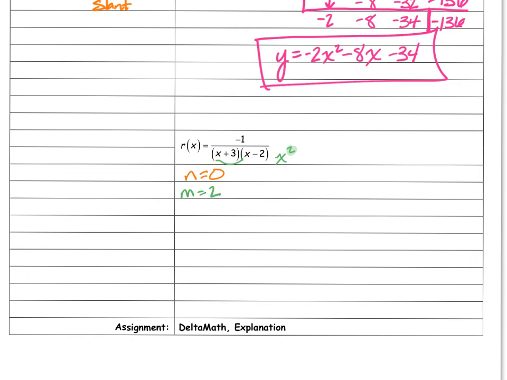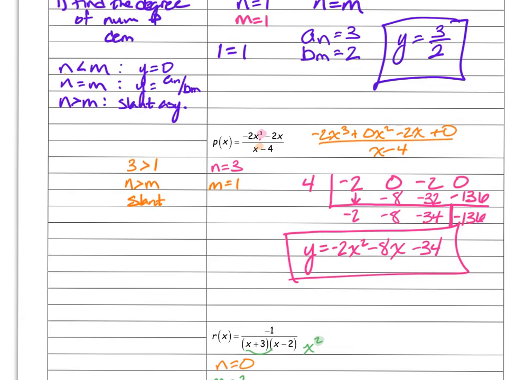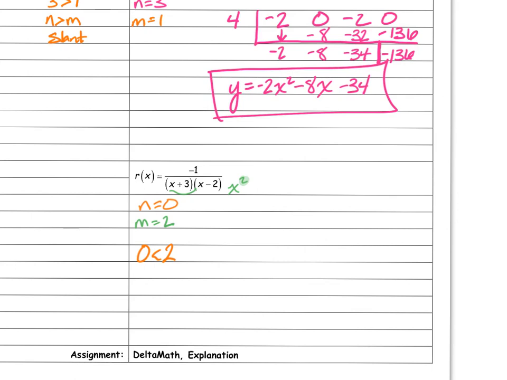That means that 0 is less than 2, right? So let's go up to my rules here. If n is less than m, my horizontal asymptote is y equals 0. Done.